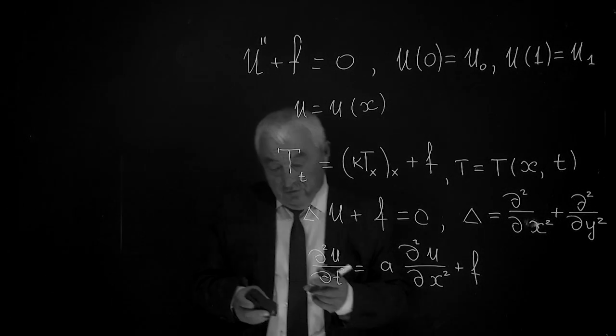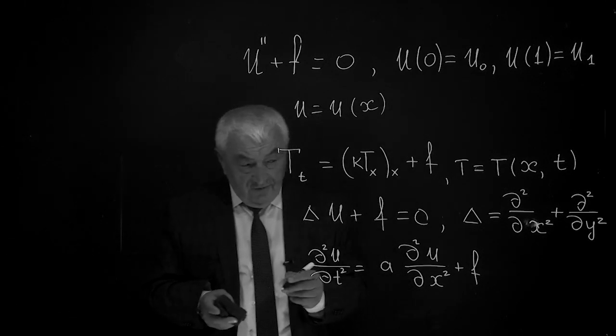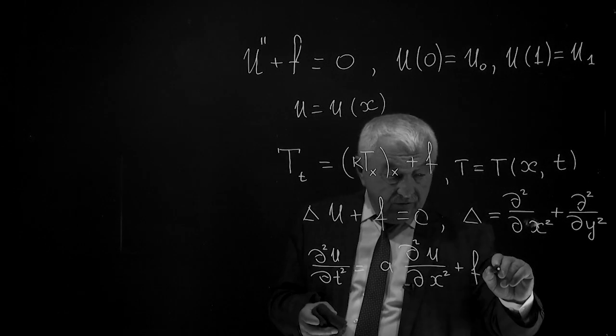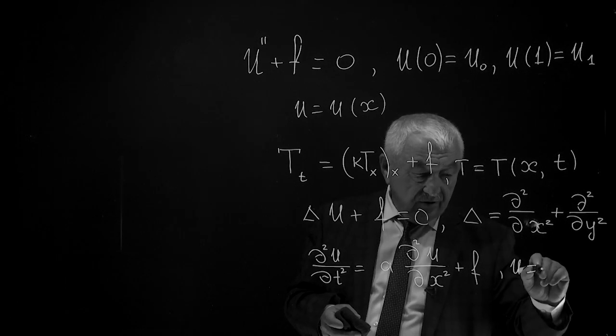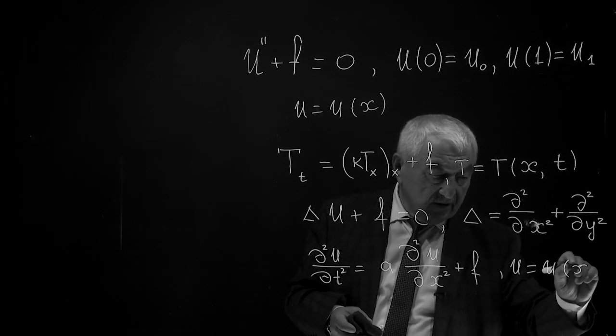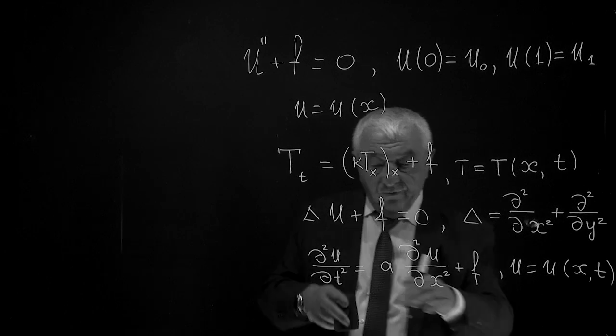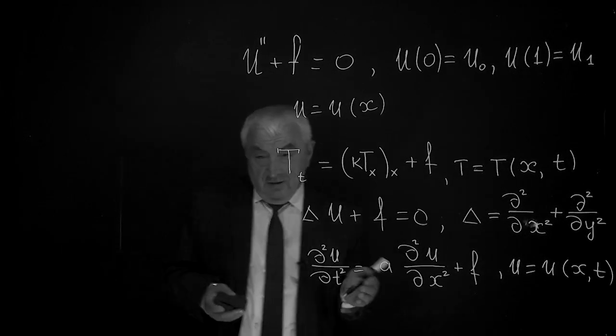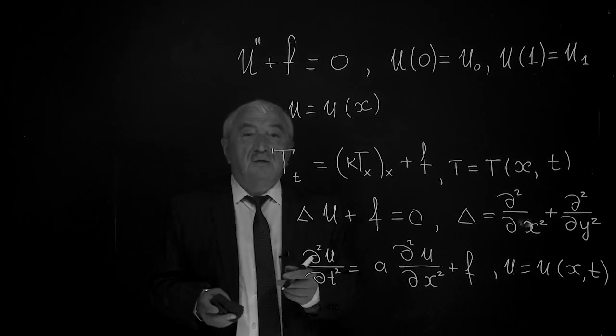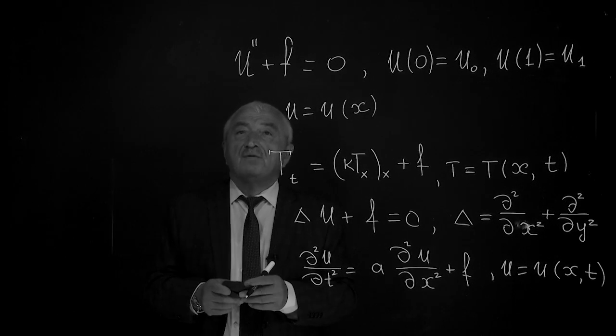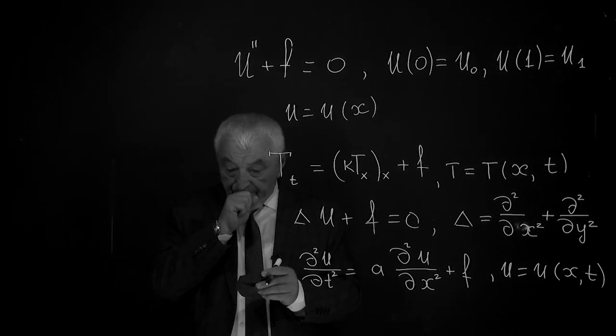These equations are called hyperbolic equations. It is necessary to find the unknown function which depends on x and time if we know the initial and boundary conditions.